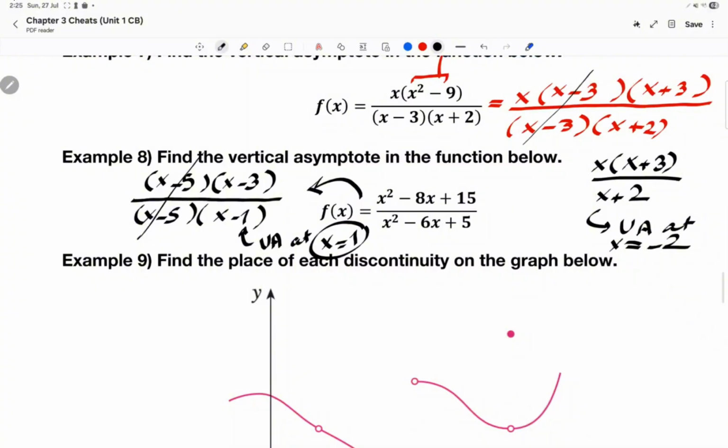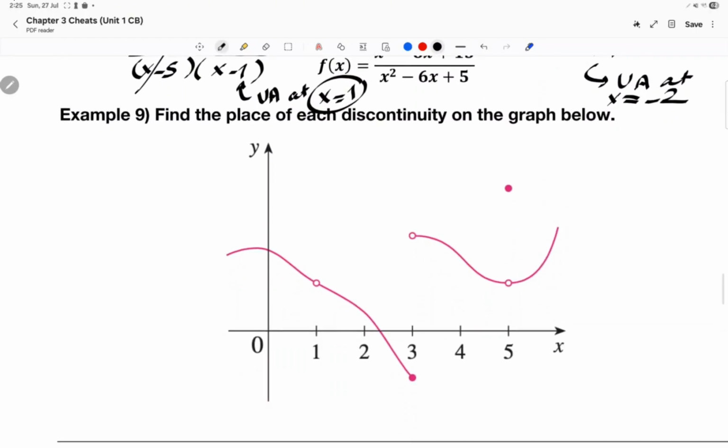Okay. Find the place of each discontinuity in the graph in example 9. Wherever there is a hole, it's not continuous. So where are the holes right now? x equals 1, 3, and 5.